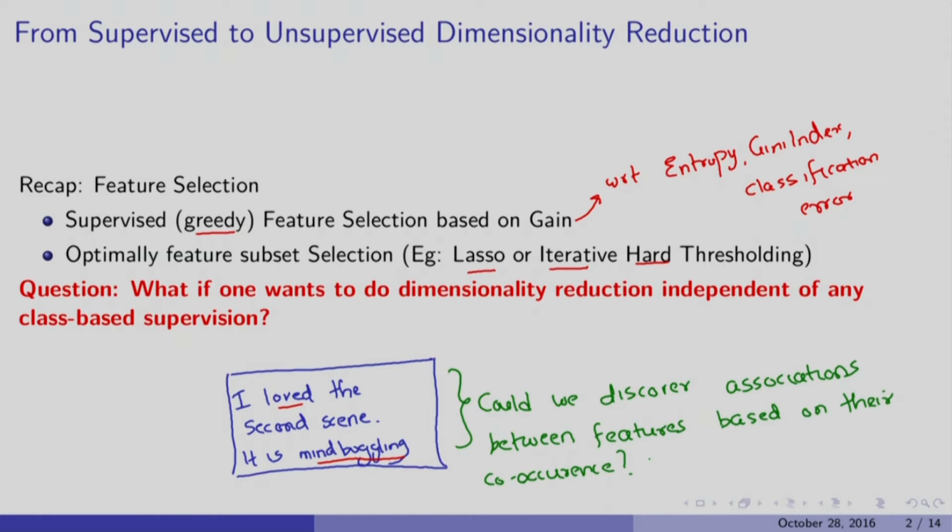It is very much possible that this particular text snippet was a positive review on some drama. However, I would like to keep this class label called positive review hidden from my algorithm. So let us see how this could be done.